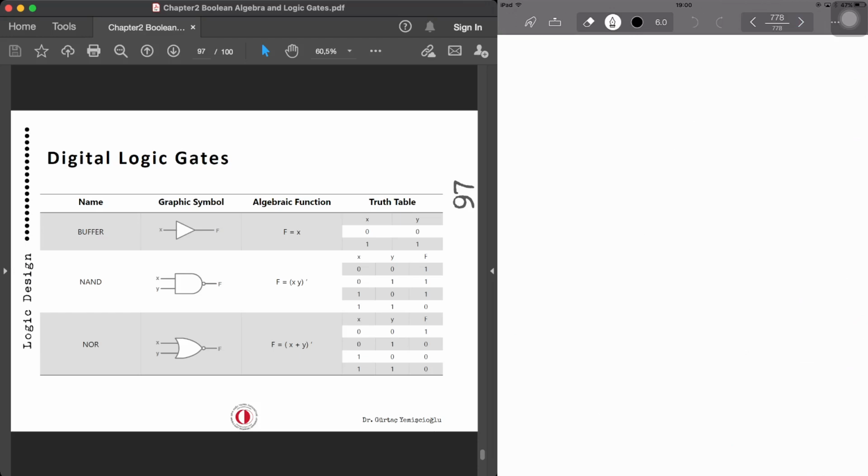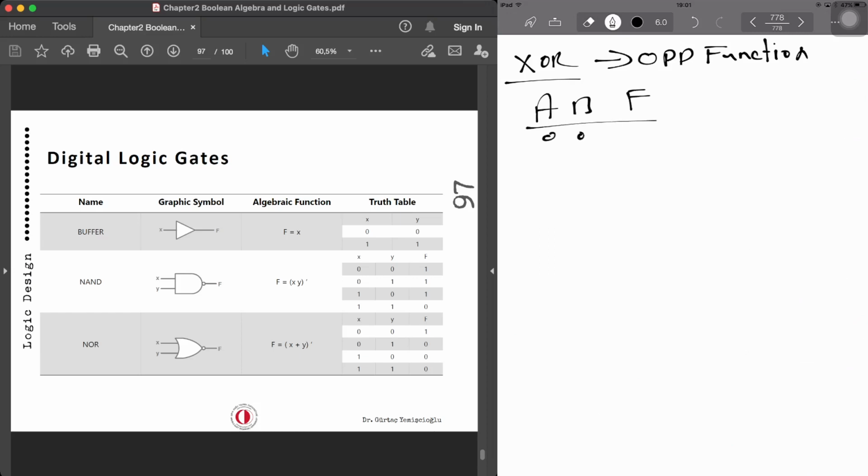Another two important ones are XOR, the exclusive OR function. It's also known as the odd function. If we have an odd number of ones, the output is 1. So let's say A, B, and F: 0, 0, 0, 1, 1, 0, 1, 1. Now, if the number of ones is odd, then the output is 1.